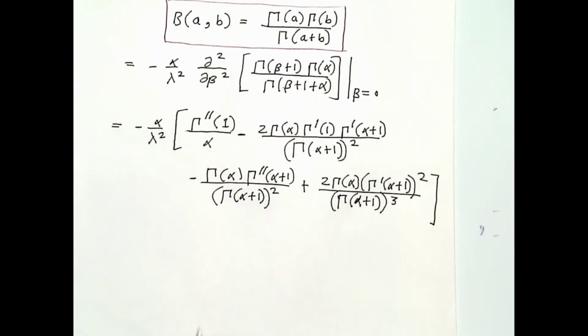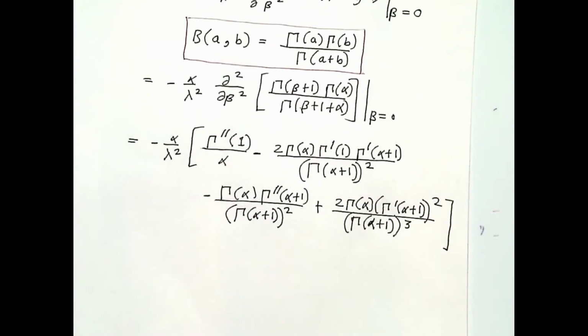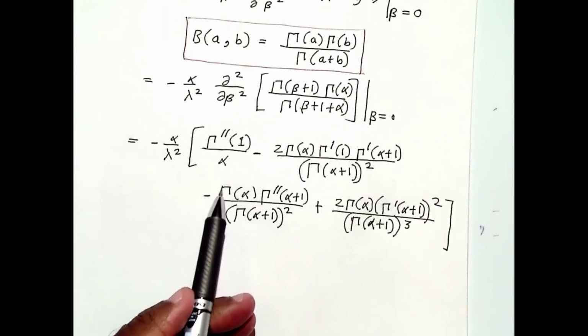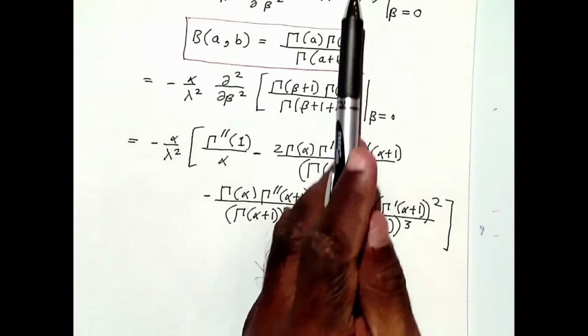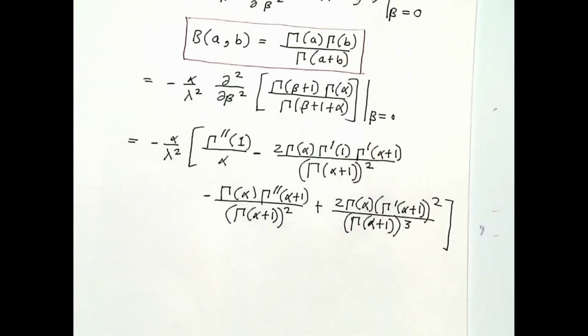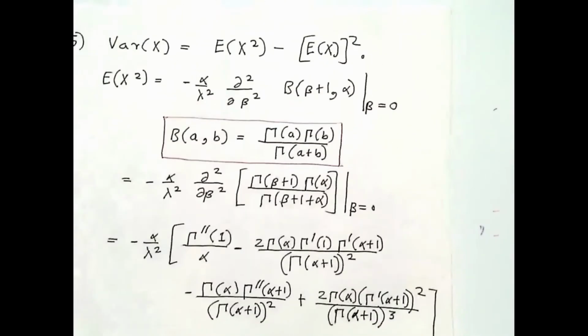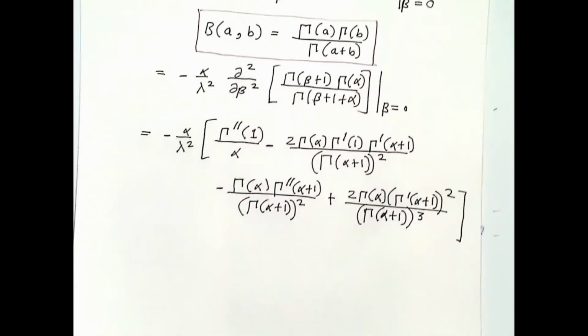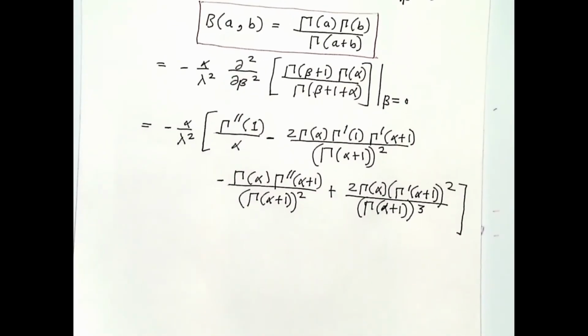All right, hence we have the variance. But this is the expectation of x power 2, and we already know the expectation of x from the previous part. Hence, we have an expression for the variance, right? Okay, so that completes part 5 of sheet 7.